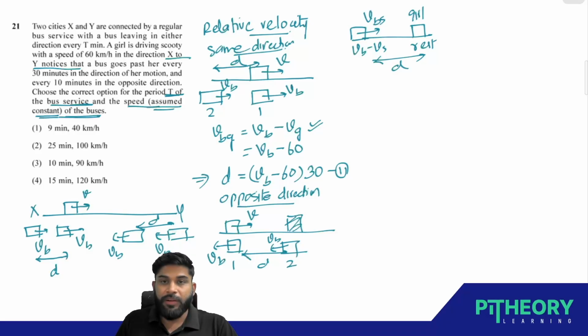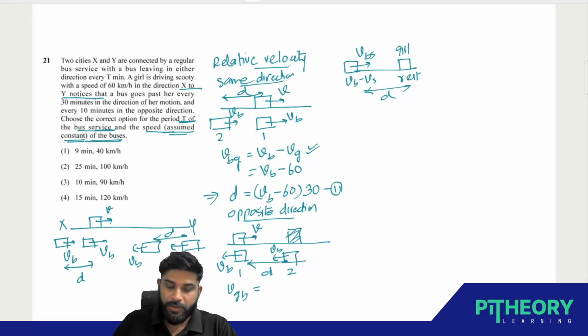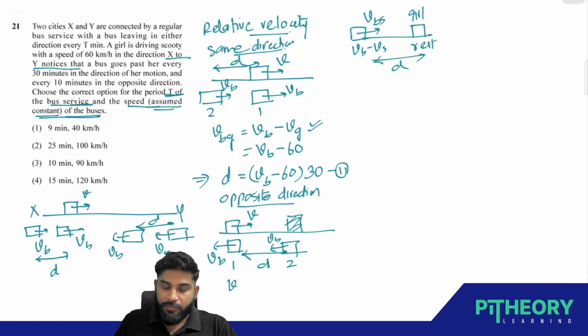In the same way, if we analyze the second bus, we can find the relation between the distance D and the time. Let's take the velocity of the bus with respect to the girl.